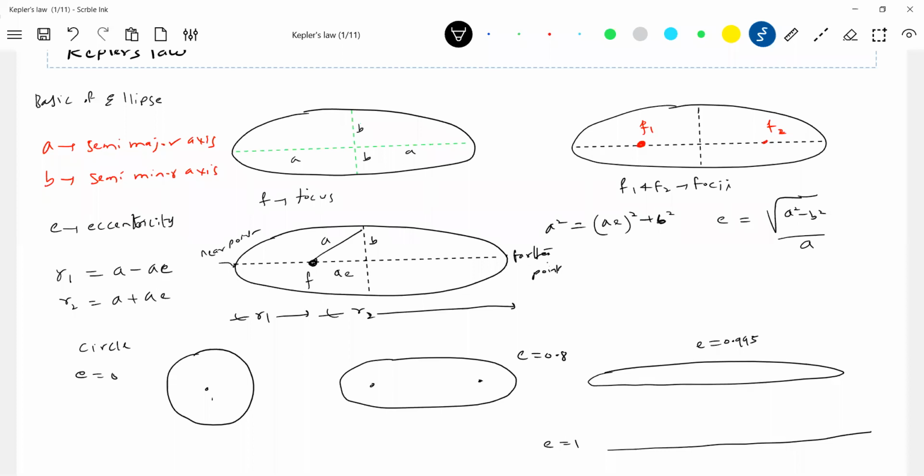And the equation of an ellipse, I think everyone knows it: x squared over a squared plus y squared over b squared is equal to 1. If a equal to b, then it becomes a circle. It will become x squared plus y squared equal to a squared, that is the equation of a circle.